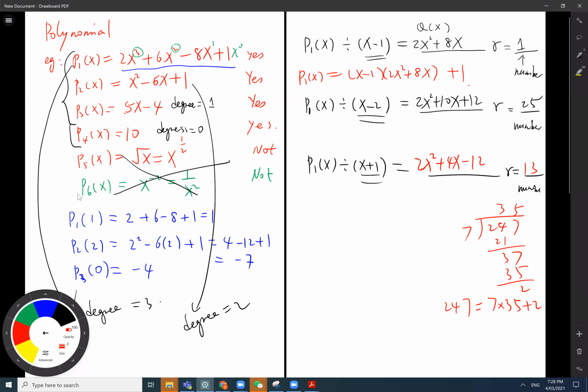Zoe, second one. 2x squared plus 10x plus 12, times x minus 2 plus 25. Okay. Elena, last one.